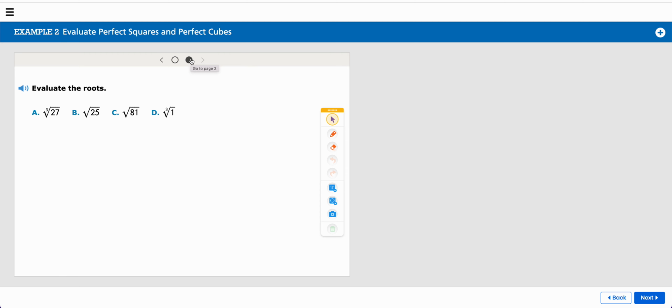So here, I can write on this page, and the cube root of 27.